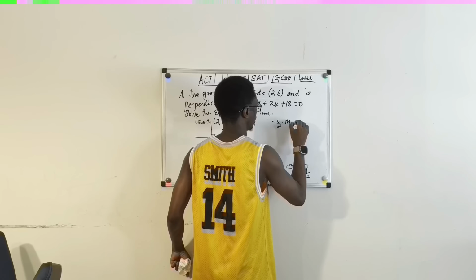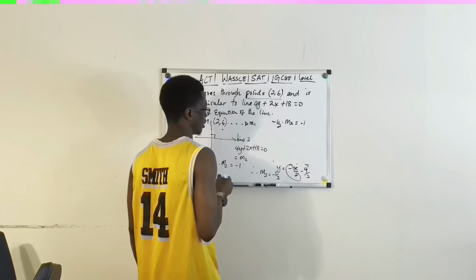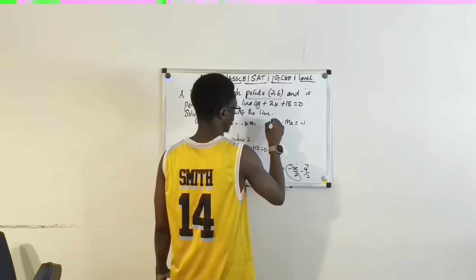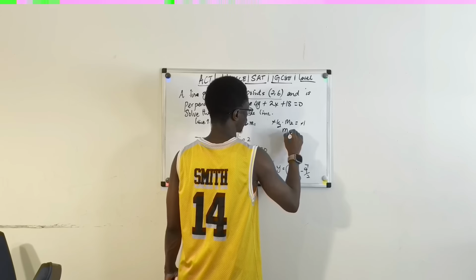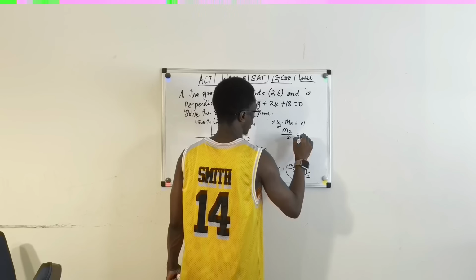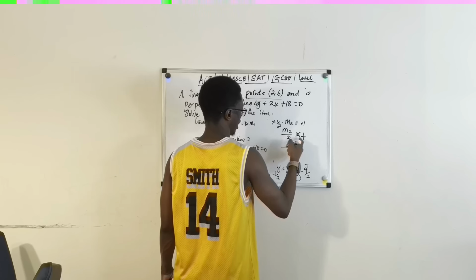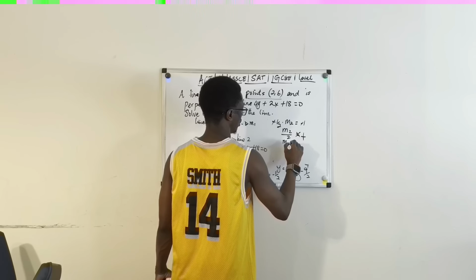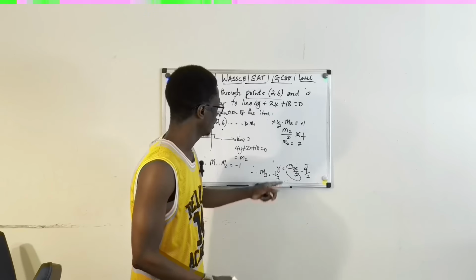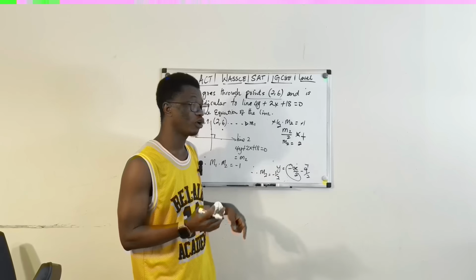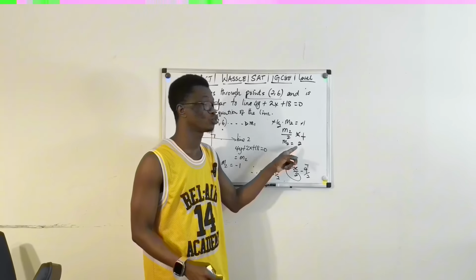Multiply by m2 equals minus 1. This is easy. This minus cancels this minus. So this is like m2 divided by 2 equals 1. If you divide that by 1, it equals multiply. 1 multiplied by this becomes m2 equals 2. So hence, the gradient of the other line is 2.